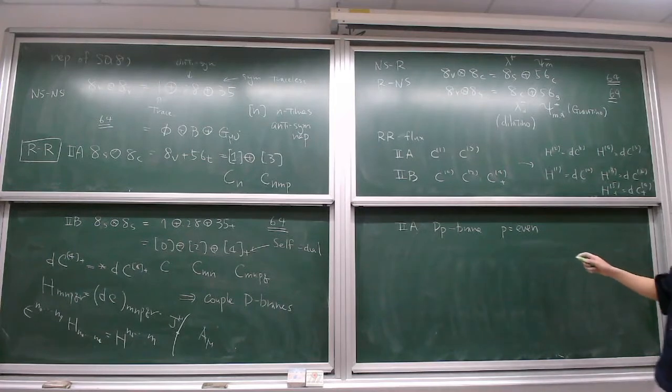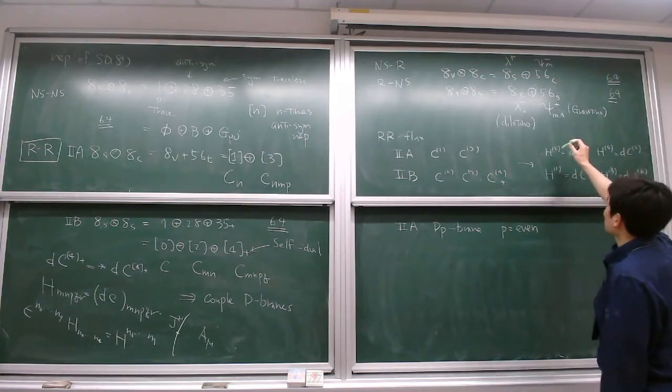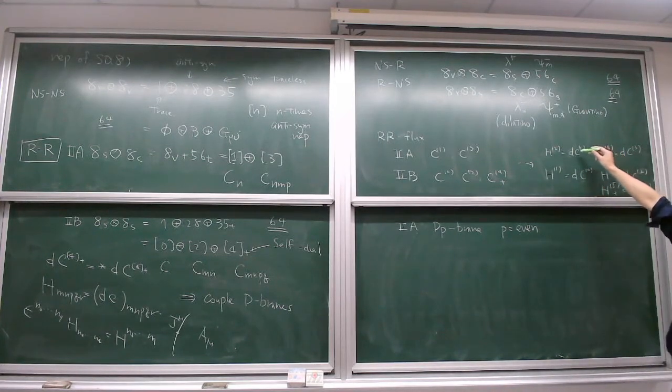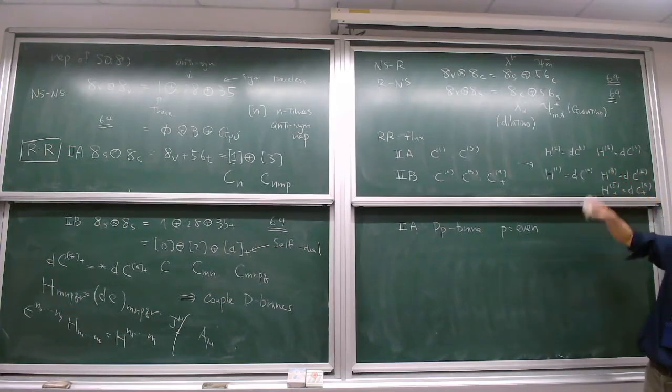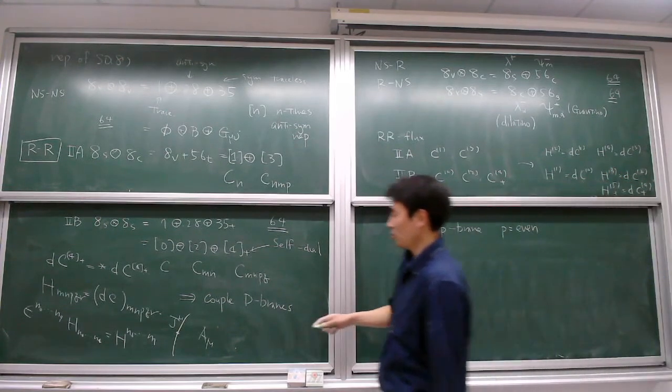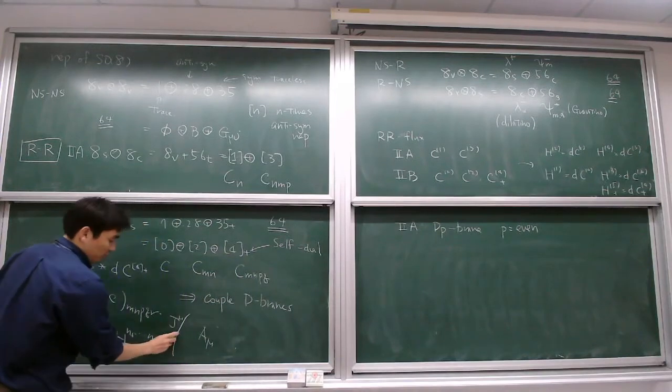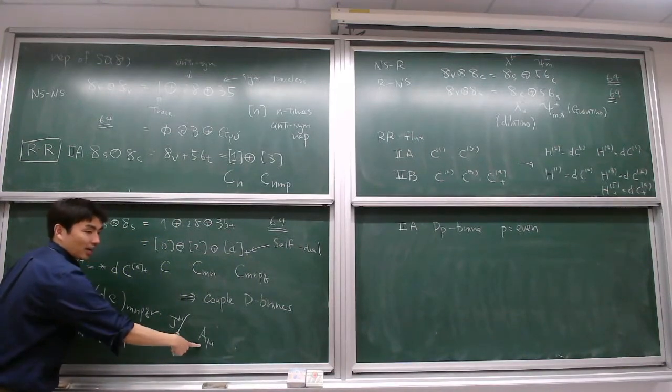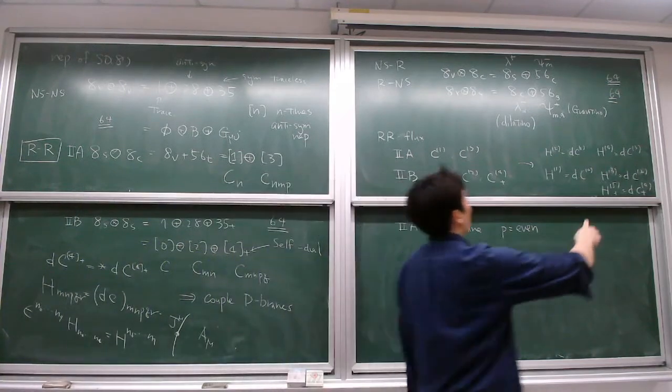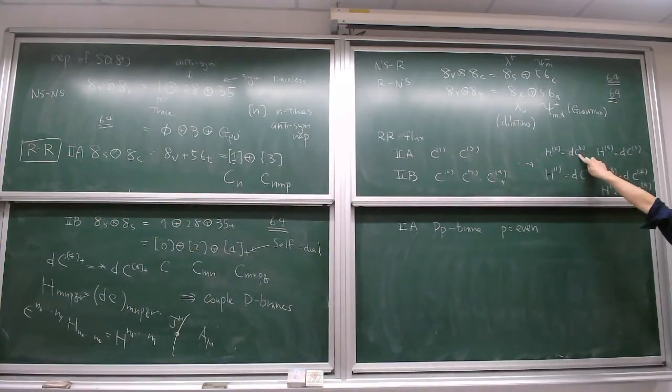So the D0 brane couples to the one-dimensional object, or one-form. D0 is really like a point particle that couples to a one-form, right? So here the electron is a zero-dimensional object that couples to a one-form. So therefore the D0 brane couples to a one-form.